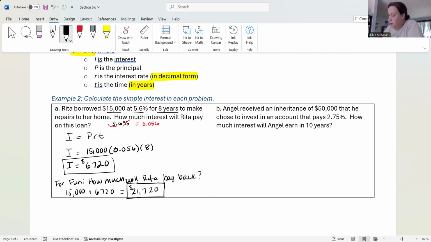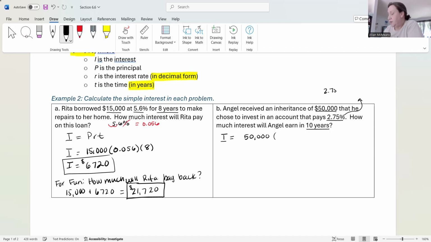We've got the principal amount, how much Angel initially invested. We know the interest rate and we know the time period, so we can calculate the interest based on those three values. The interest is going to be the principal times the interest rate.